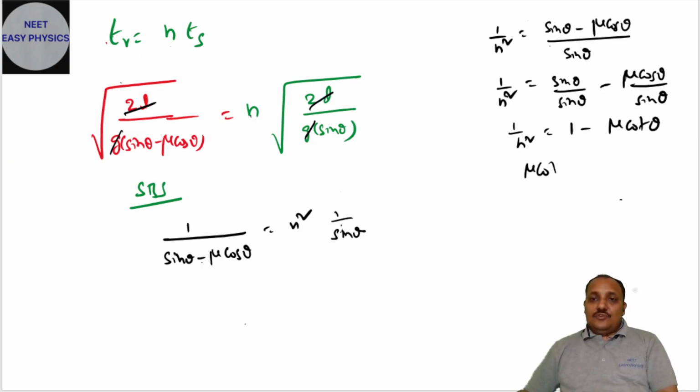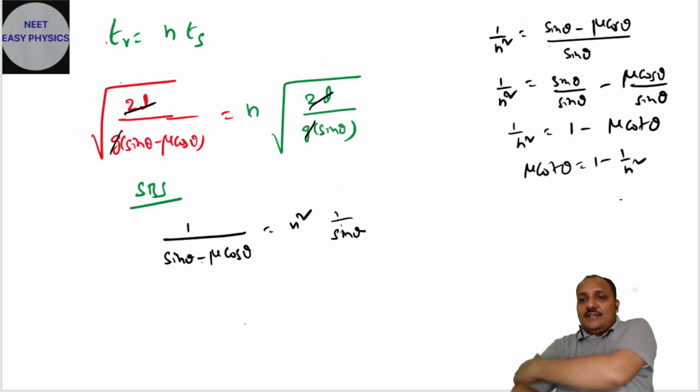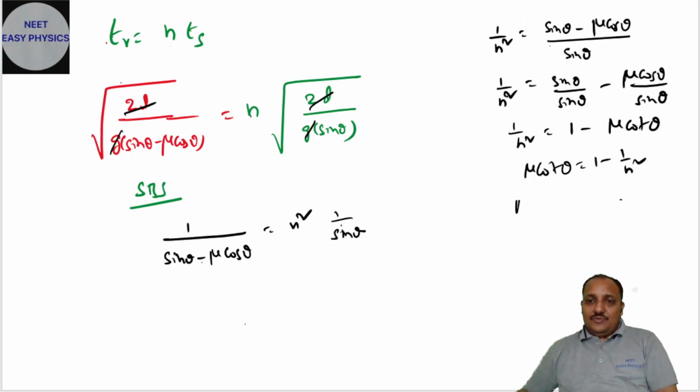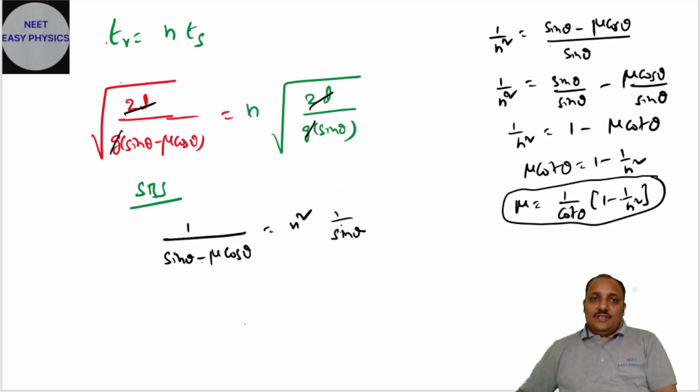So now mu cot theta is equal to 1 minus 1 by n square. Then mu is equal to 1 by cot theta into 1 minus 1 by n square. This one only they will write: mu is equal to tan theta into 1 minus 1 by n square.